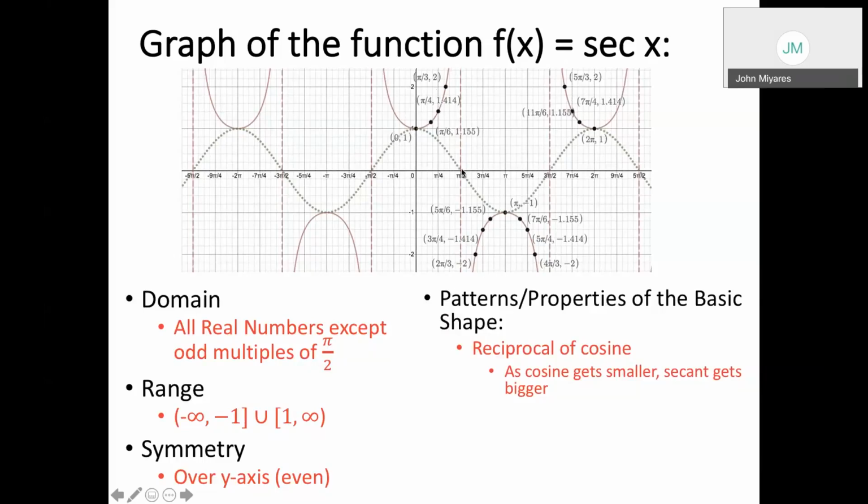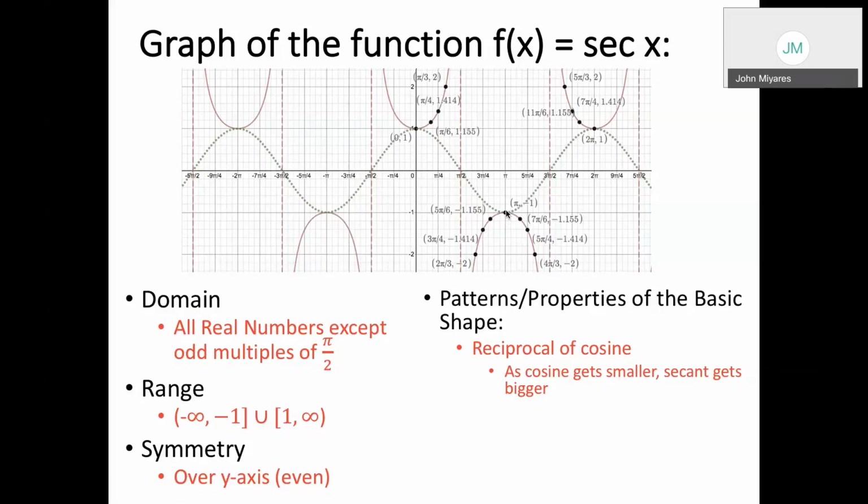When the cosine equals 0, the secant function, its reciprocal, is going to be undefined. When the cosine goes negative, so does the secant. And again, when I get down to -1 on the cosine, the secant will also equal -1.